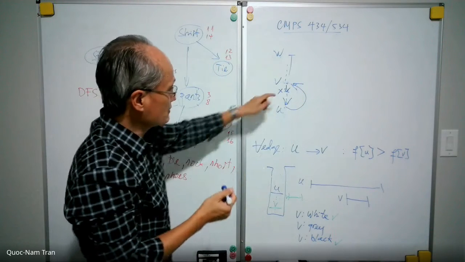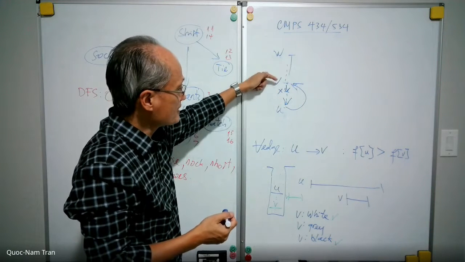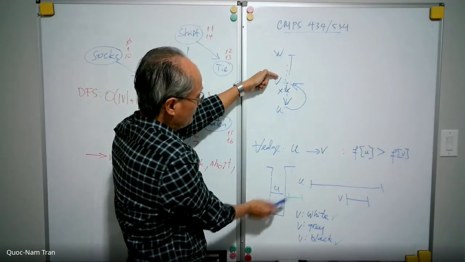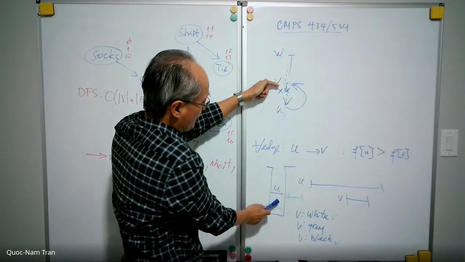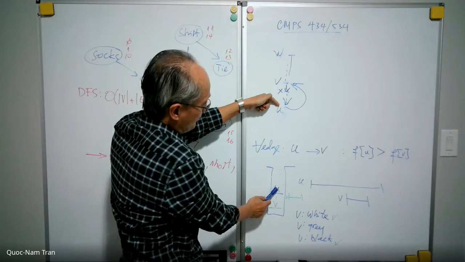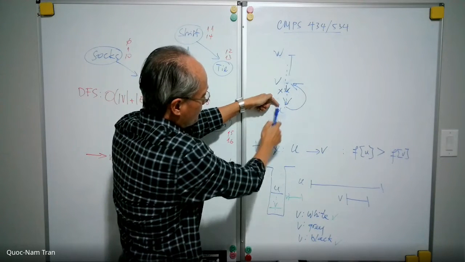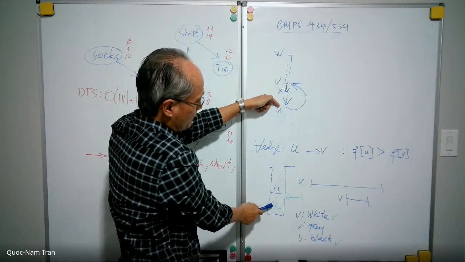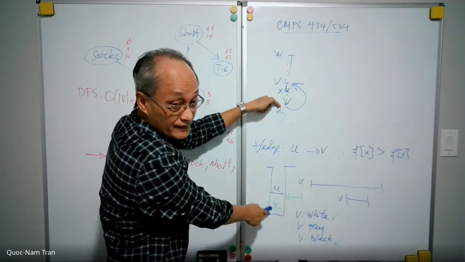And then from X to U, so that said, V is on the stack, right? And then after that, we may have X, and now we have U. And now if we have the add from U to V, right? Then V is gray because V is already on the stack.